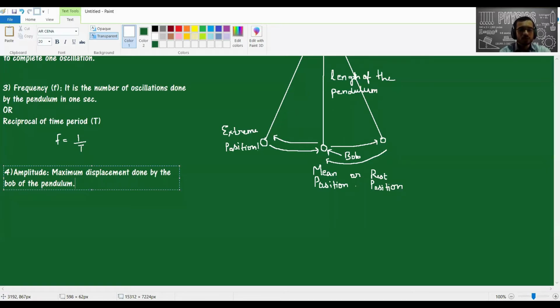It is denoted by small a usually, and its unit is meters.